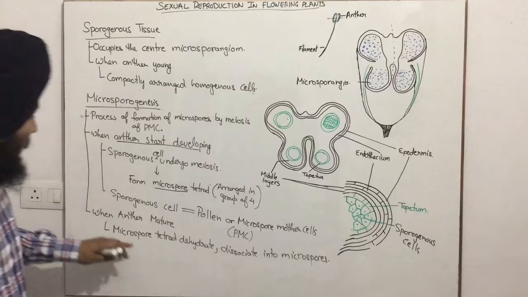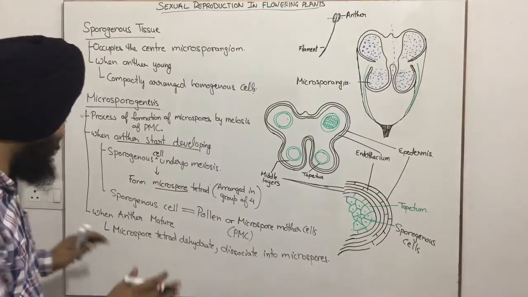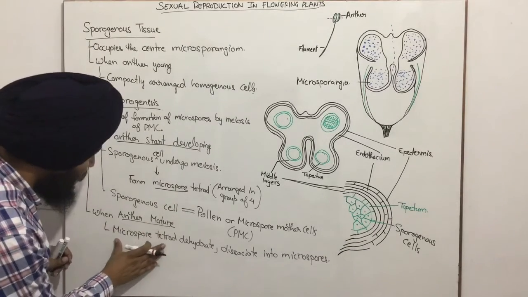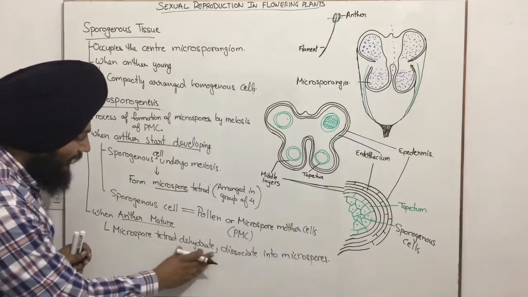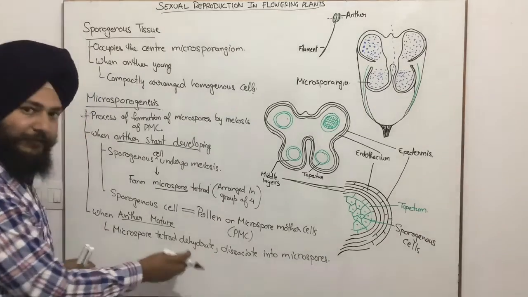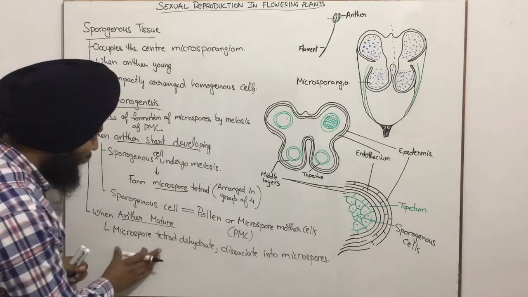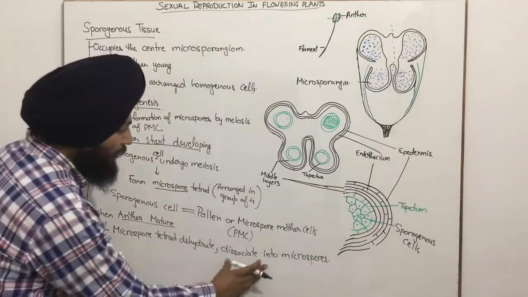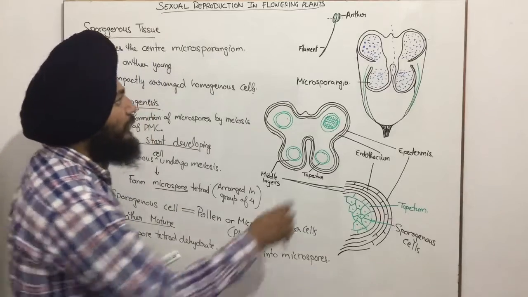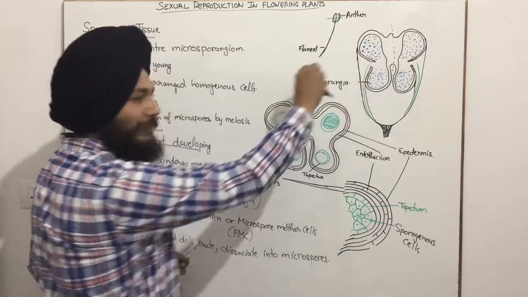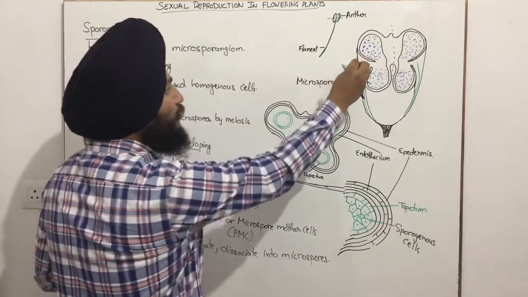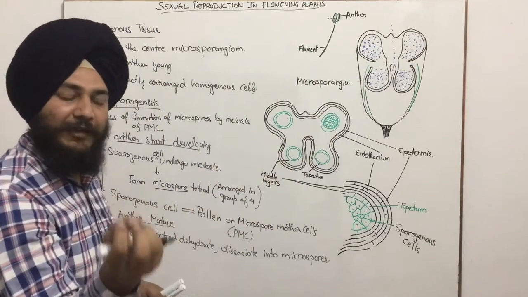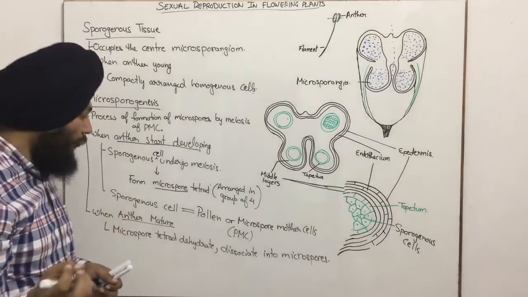Okay, so when the anther matures, the microspore tetrad will undergo dehydration, and when there is dehydration, the microspores will break away from the group and form the individual microspores. Like we can see here that the pollens or microspores are present individually, they are not present in a group.